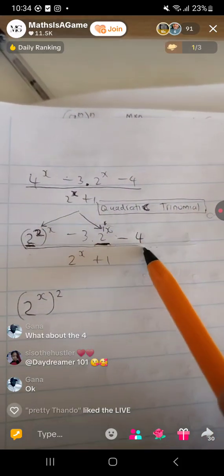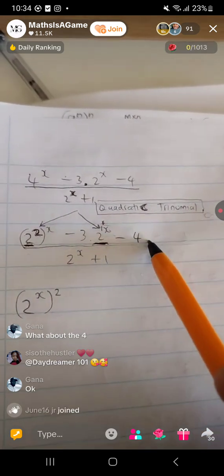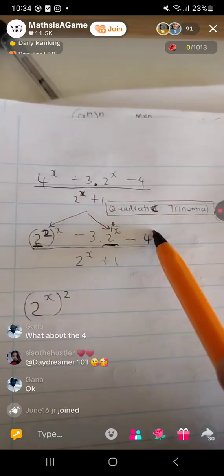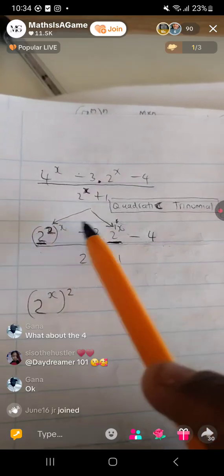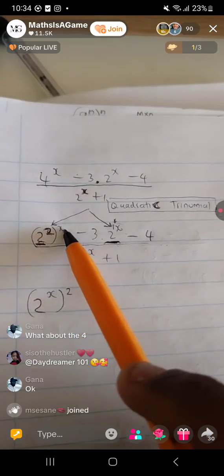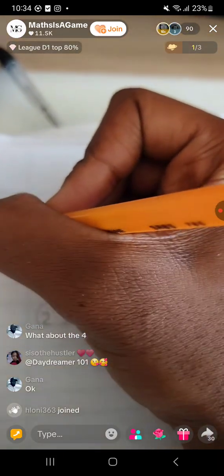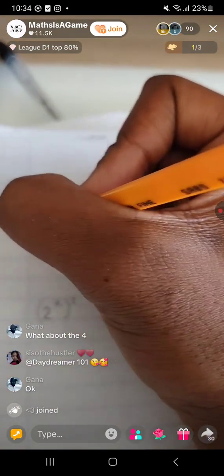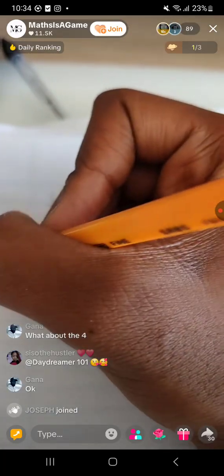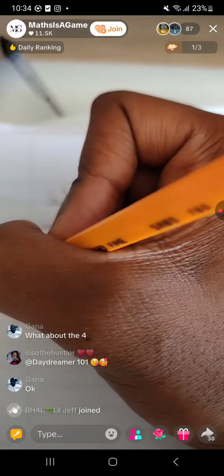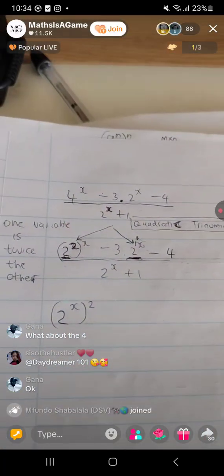Furthermore, because there's a constant term there, which is a separate term that does not have a variable exponent. One has a variable exponent, the coefficient is 1. The other has a variable exponent, the coefficient is 2. So when one variable is twice the other, that immediately says to you we have a quadratic trinomial.